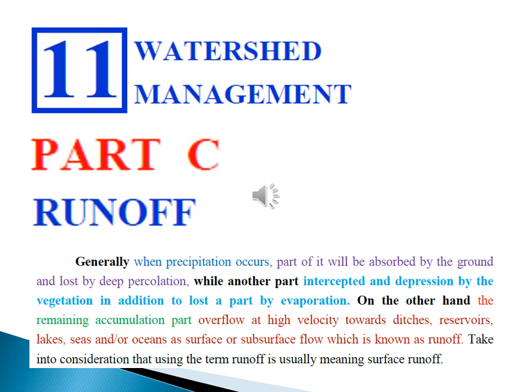On the other hand, the remaining accumulated part overflows at high velocity toward ditches, reservoirs, lakes, seas, and or oceans as surface or subsurface flow, which is known as runoff. Taking into consideration that the term runoff usually means surface runoff.